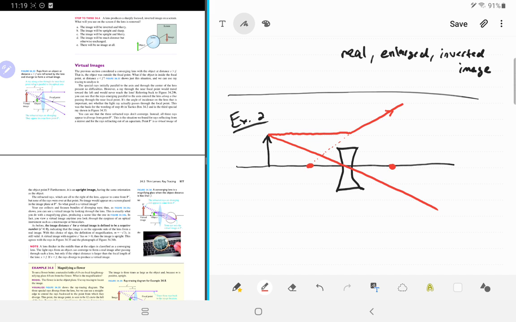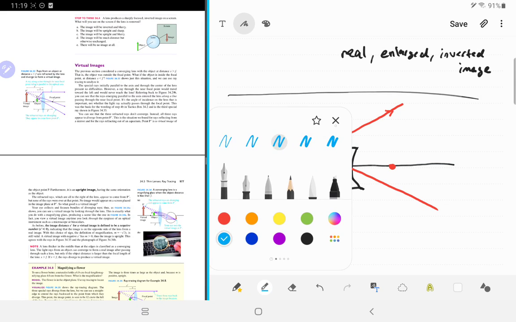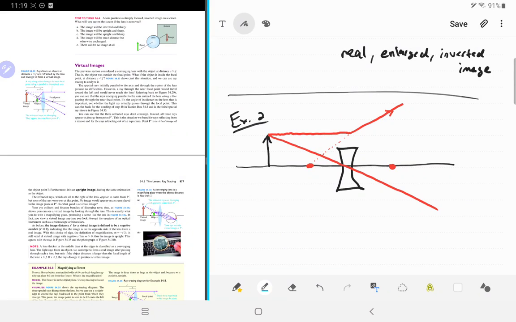And then there's another light ray. I'm going to use a different color just so that the picture doesn't get too cluttered.